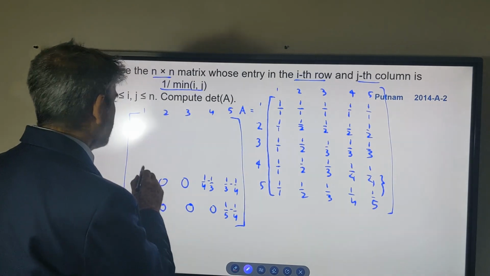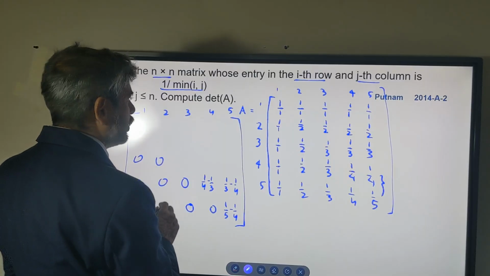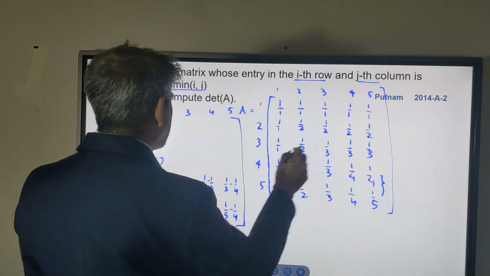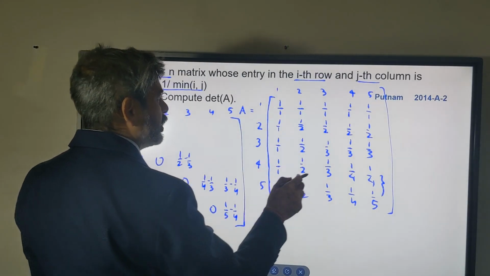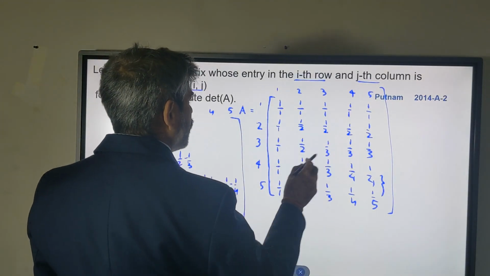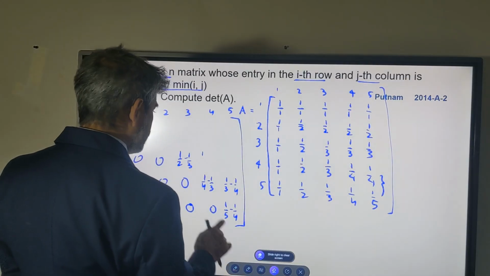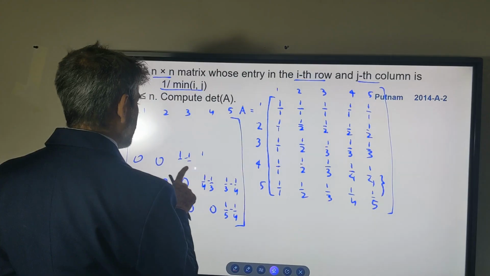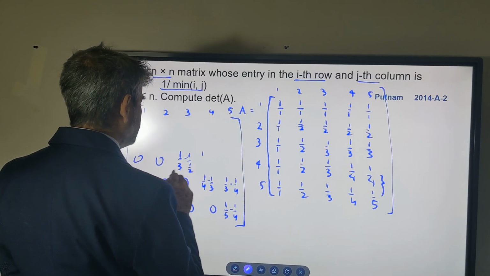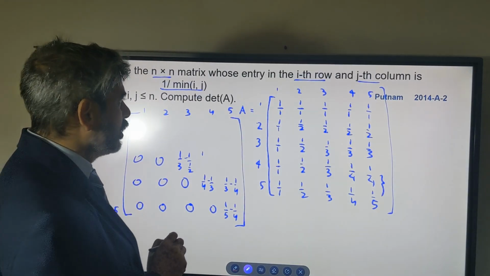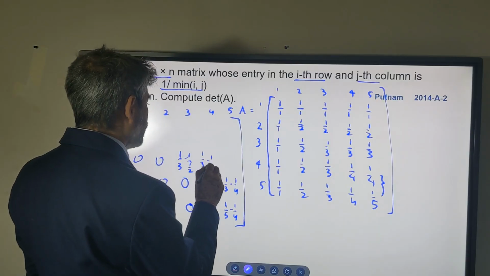So I get 0, 0, and then this becomes 1 upon 2 minus 1 upon 3, and this is 1 upon 2, 1 upon 3, 1 upon 3 minus 1 upon 2.